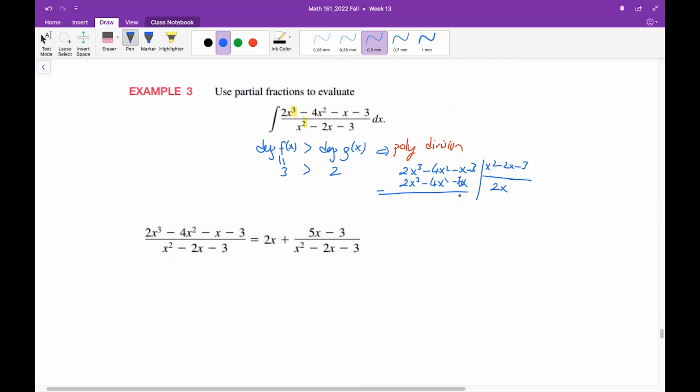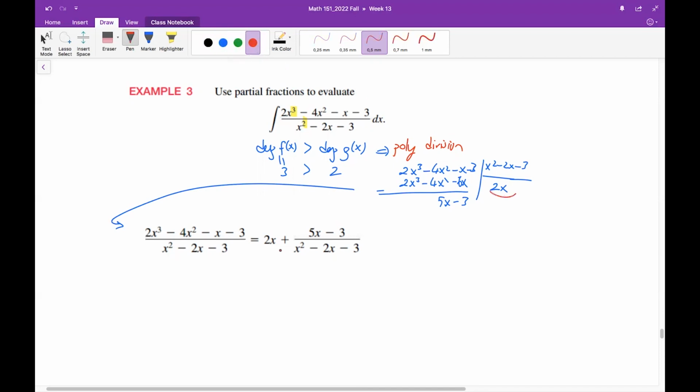So you have what? Then here you will get 5x. So minus minus plus 5x minus 3. Okay, then the division is over, which means that you can write this rational function as this part.